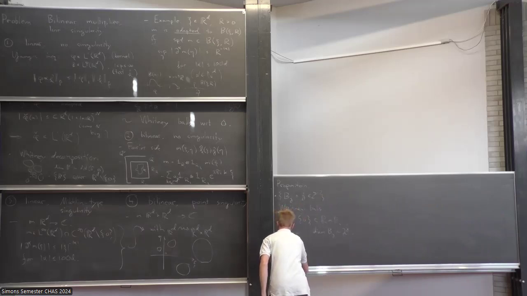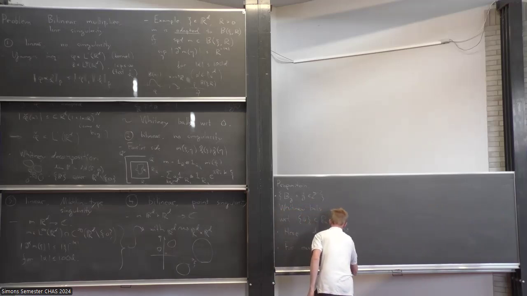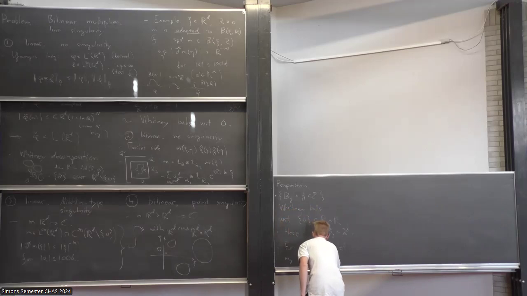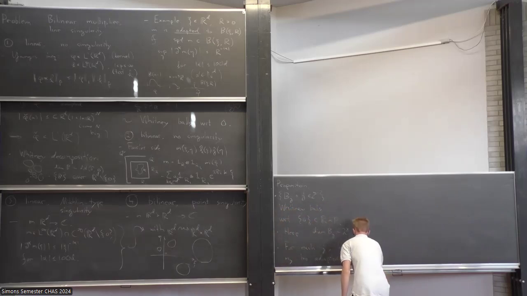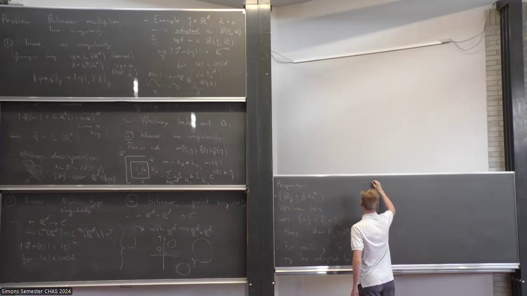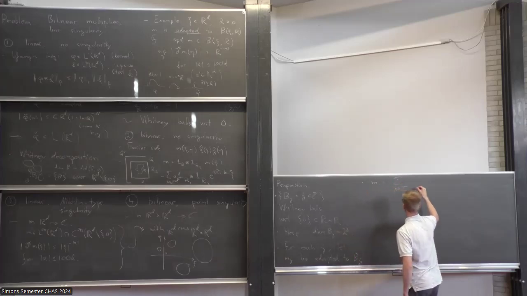Then for each j, we take an adaptive multiplier. Then we define lowercase m to be the sum of these multipliers.